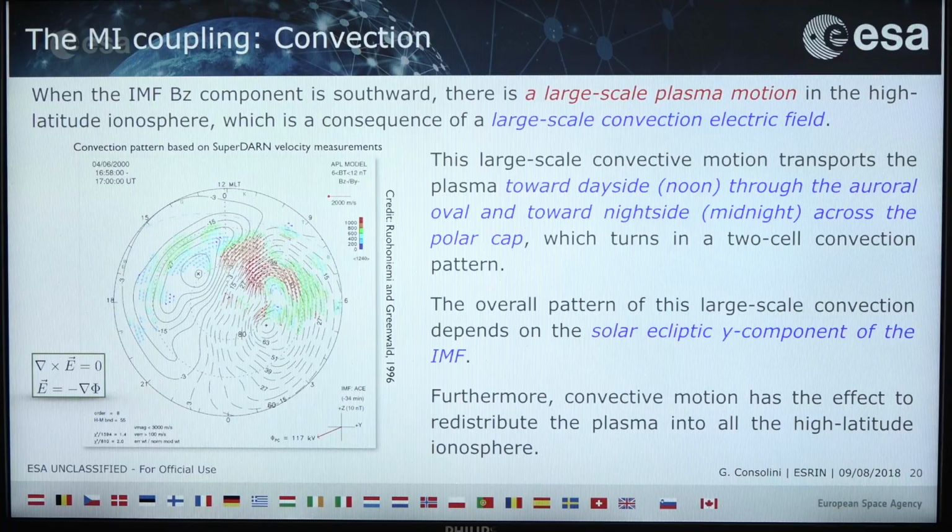It generates two cells. The convection cells are represented by an electric field, assuming that this can be a non-rotational field. So you can see that essentially the plasma flows around the auroral oval and then goes back into the polar cap.